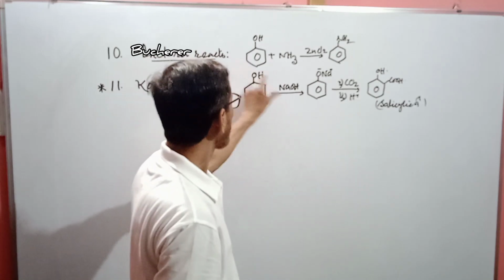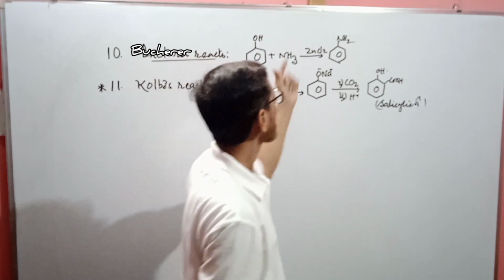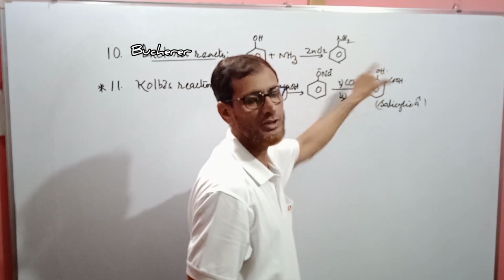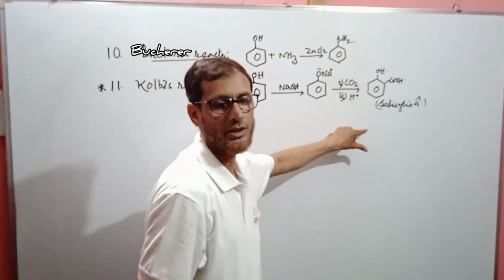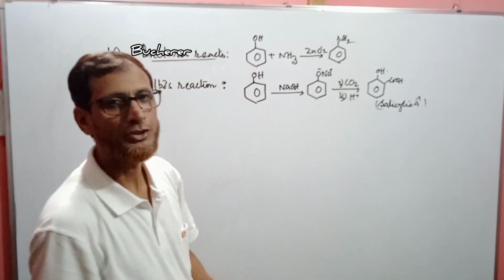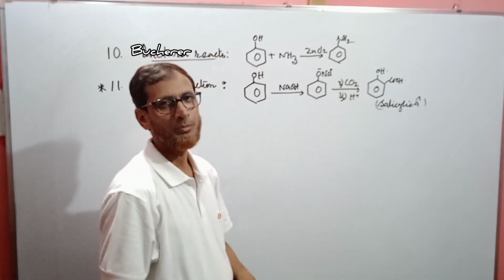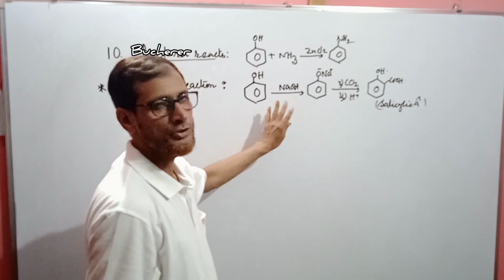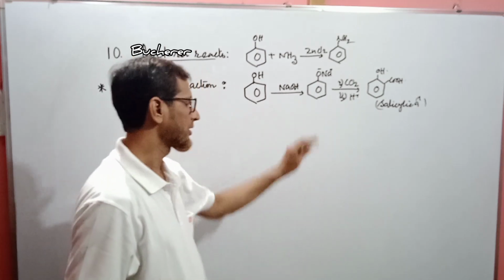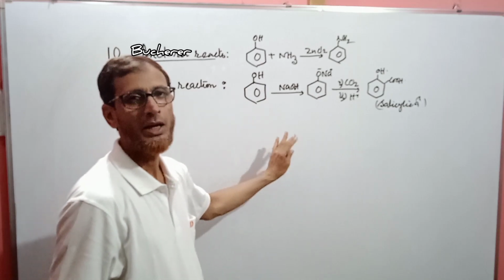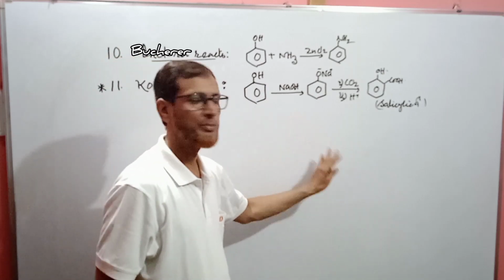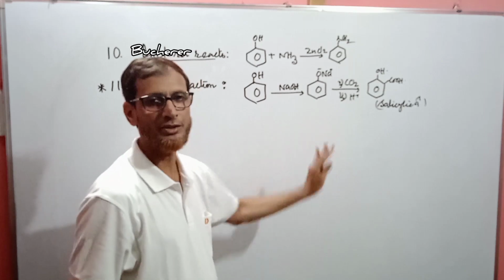First OH is there, NaOH is applied, again OH comes in its position. There must be some reason. And why is carbon dioxide first and acid second? I will explain it on the basis of mechanism. Though mechanism is out of your syllabus, for entrance exams or other types of questions, you must know the mechanism. You need not practice the mechanism, but I will explain with its help.